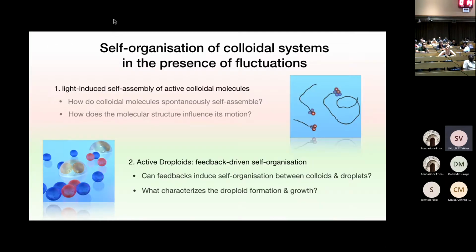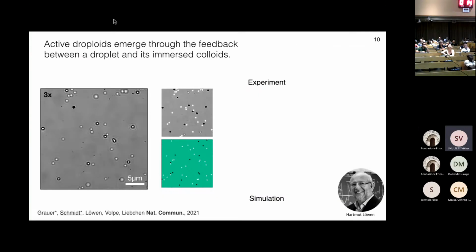And this is what I want to show you, basically. We call this system now active droploids, which is a portmanteau of droplets and colloids. And I want to show you that feedbacks are an important feature in the system for the self-organization, and we're going to characterize it a little bit. So the video looks very similar because it's the same kind of system. All we're doing is we're putting more energy into the system, which is basically by putting more light intensity.